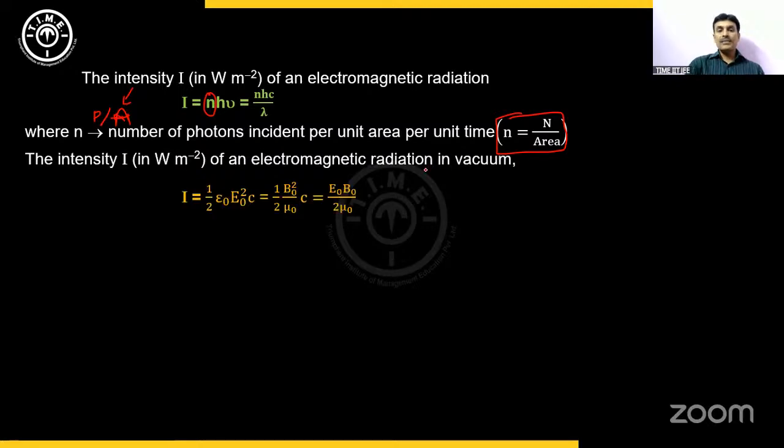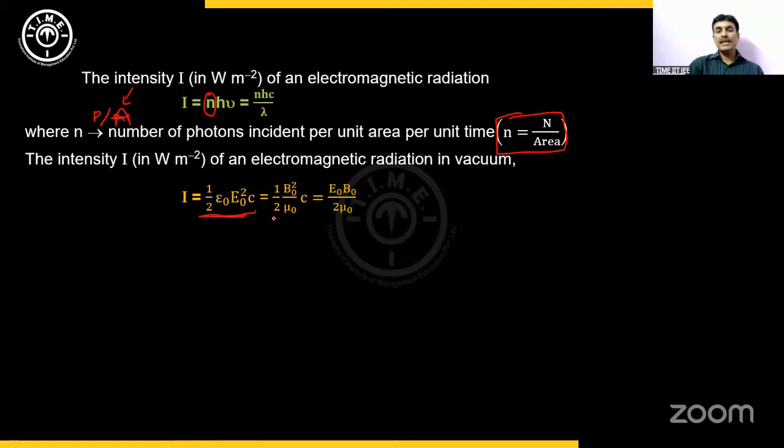So the intensity of electromagnetic radiation in vacuum is expressed as half epsilon naught E naught square c. E naught is the peak value. It is completely expressed in terms of the electric vector.